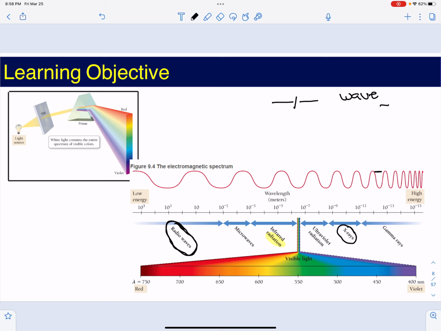Imagine that they forget about you and leave you in front of the machine for the whole day. You're probably going to be toasted. You're probably going to die because the X-rays are going to destroy your body. So which one do you think has more energy, the X-rays or the radio waves? Obviously the X-rays. And when you look at the wavelength, it's going to have the shortest wavelength.